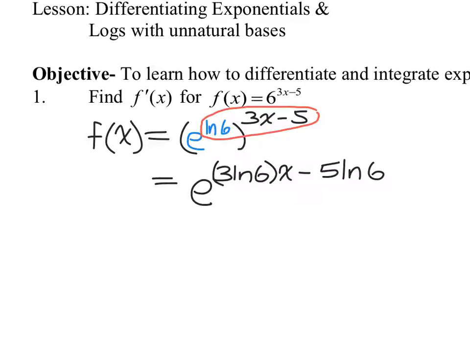Not as nice as the original form, or maybe not as concise as the original form, but it's differentiable. So the derivative of exponential base e, keep it as is for the first go around.